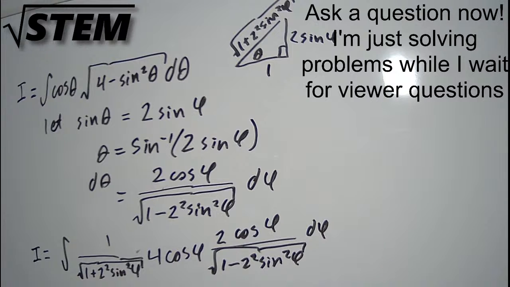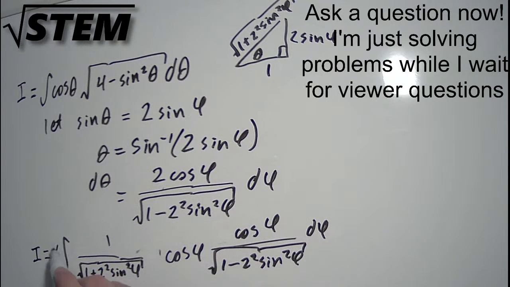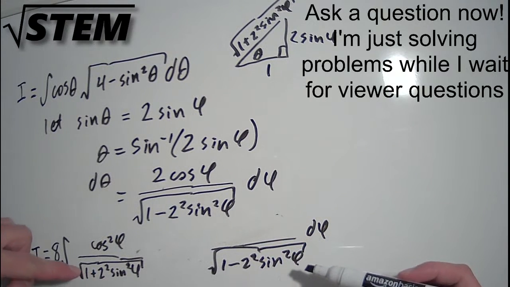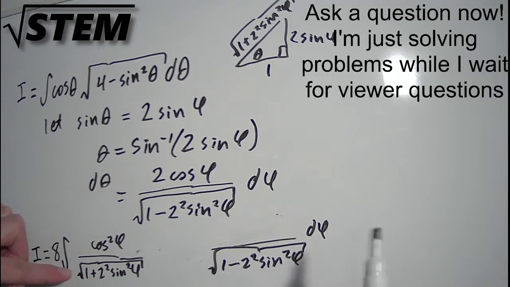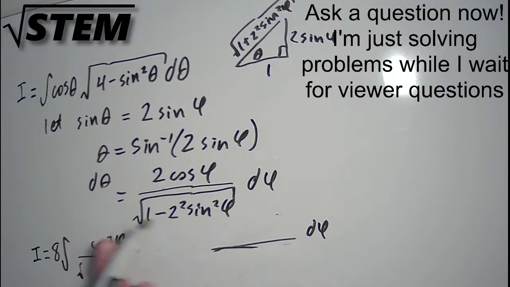So we could bring these constants out front, have an 8. We could combine those two cosines into a cosine squared of phi. We could put these under the same square root and multiply them out. We'd have a square root of 1. Let's see.